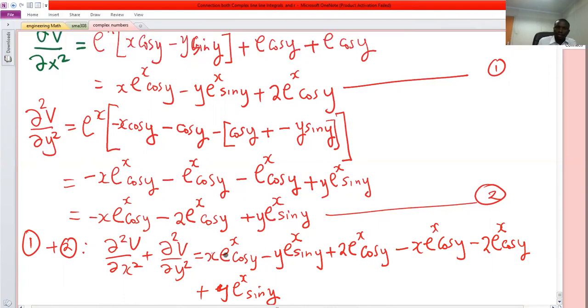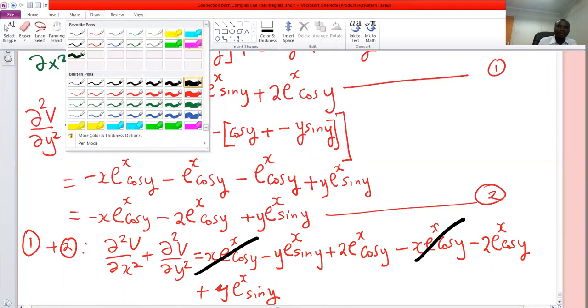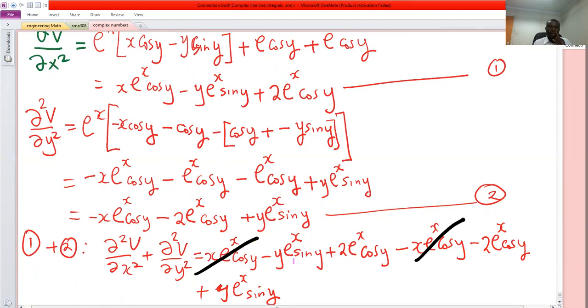So that x e raised to power x cos y and minus x e raised to power x cos of y, this and this one cancels out. Next, minus y e raised to power x sine y, positive y e raised to power x sine y. So this and this gives us 0.